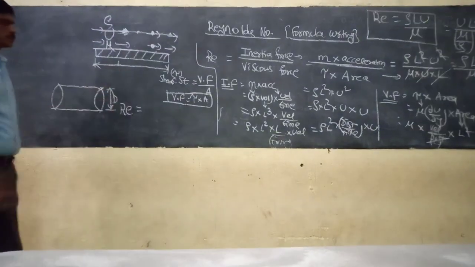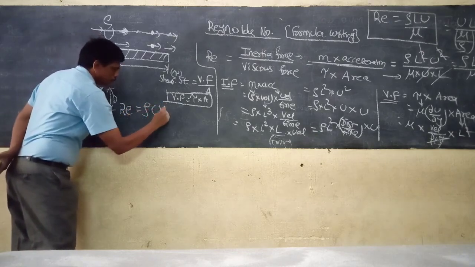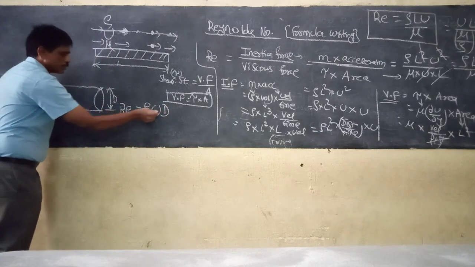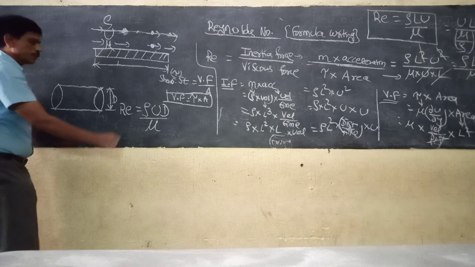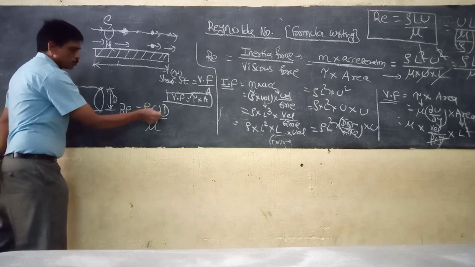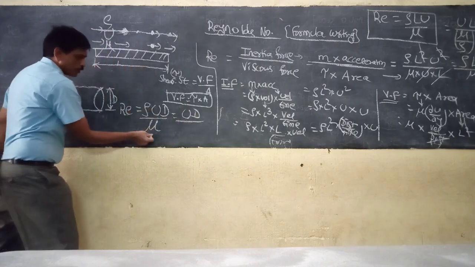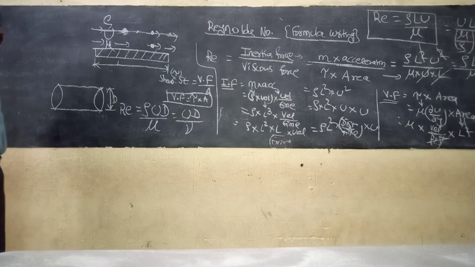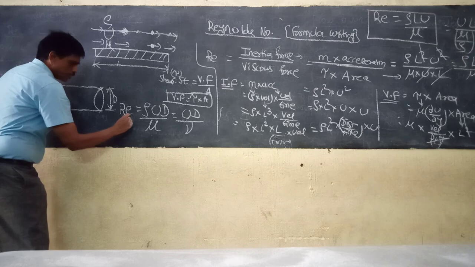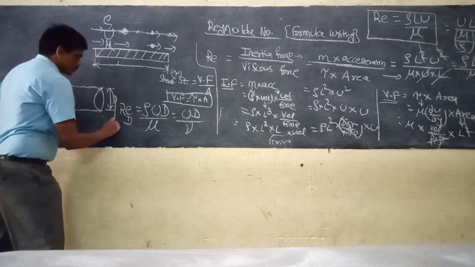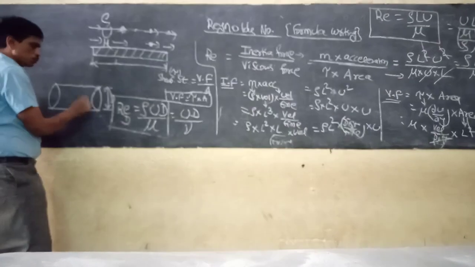The Reynolds number is rho into u into L. Here it is rho into u into d, as it is a tube, divided by the dynamic viscosity: rho u d by mu, or u into d divided by, with the density brought to the denominator, the kinematic viscosity. As we are substituting, the Reynolds number can be written as Re_D. So this is the basic method to write the formula for the Reynolds number in the case of the tube.